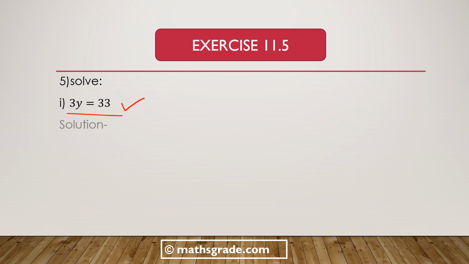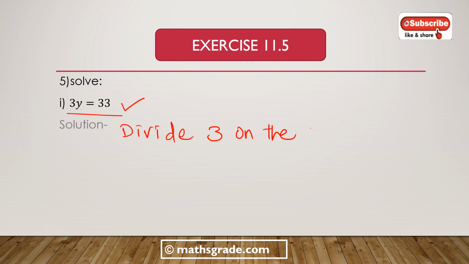Because we divide by 3 on the left hand side, we have to divide by 3 on the right hand side also to balance the equation. So divide 3 on both sides.